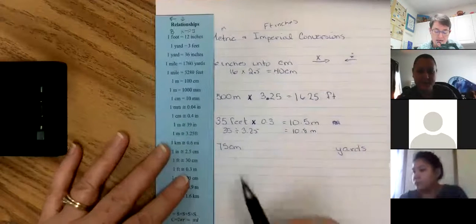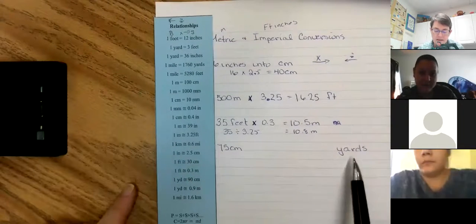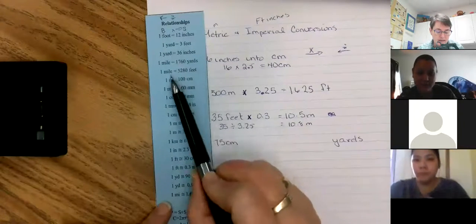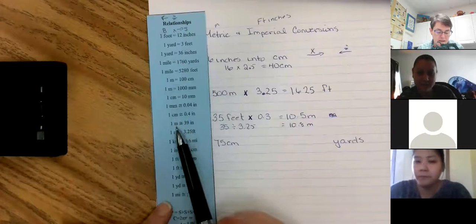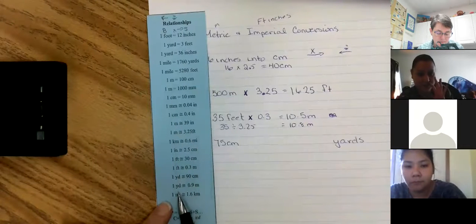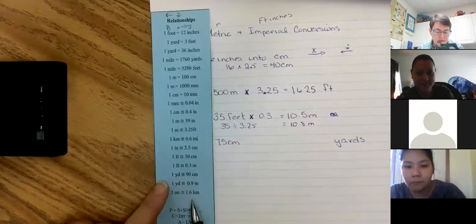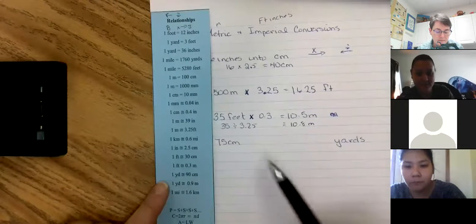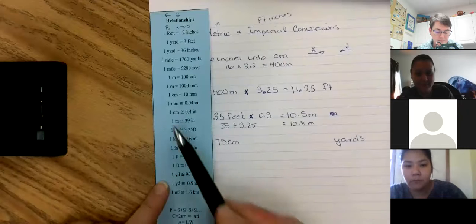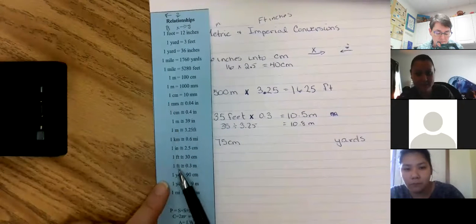All right. Now, 75 centimeters into yards. So I'm just going to scan down. Nope. Looking for centimeters connected to yards. Am I missing one? There's centimeters, there's centimeters. No, that's what I couldn't find either.